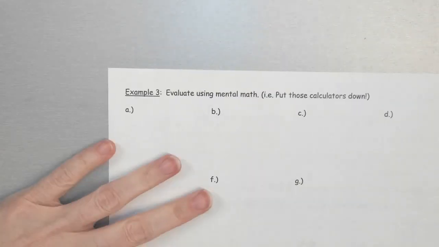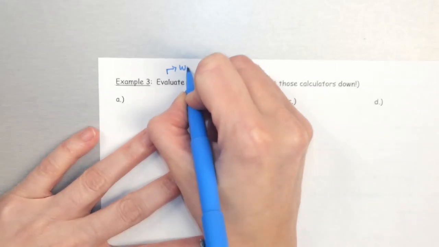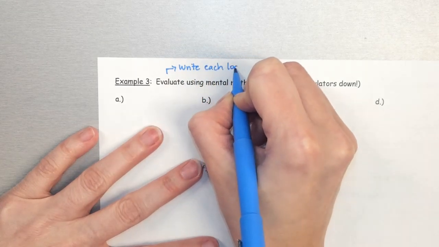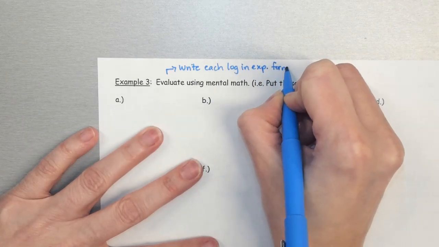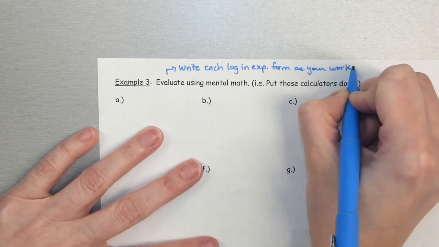Okay, so when you're evaluating using your mental math, you're just going to write each log in exponential form as your work. Okay?